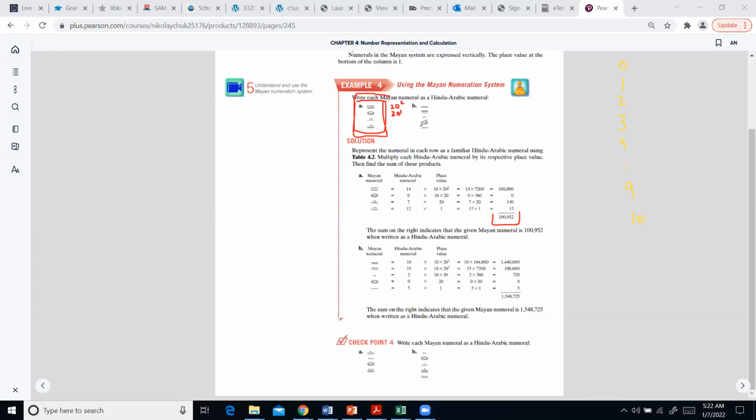The next digit deals with, so it looks like they have 14 for the first. The next is actually not 0, but there's an 18. The next will be just the 20, and the last is going to be a number of ones.